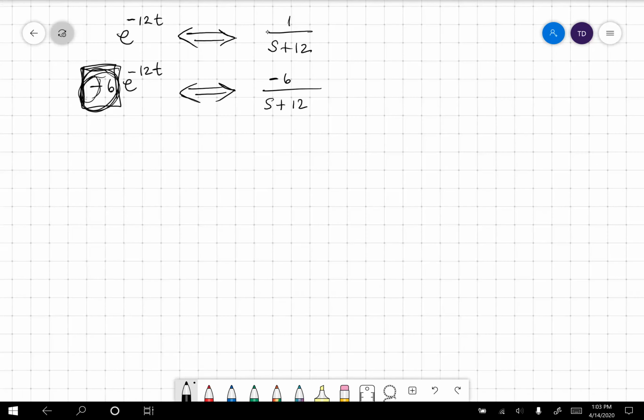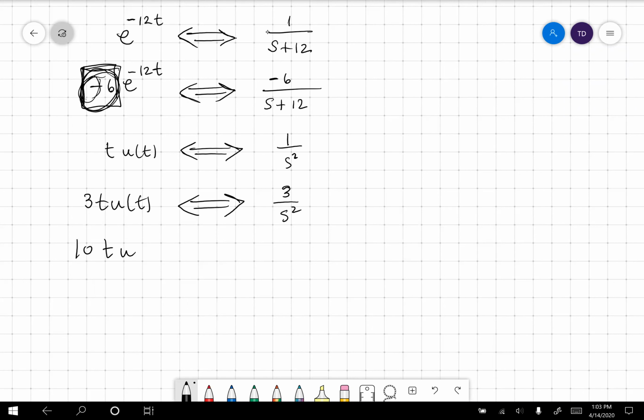Okay, and now we have Connor. See if you remember the Laplace transform of t u of t. 1 over s squared. Beautiful. Stay on the line, you get 2 of them. What is the Laplace transform of 3t u of t? 3 over s squared. Excellent. Arushi, what is the Laplace transform of 10t u of t?